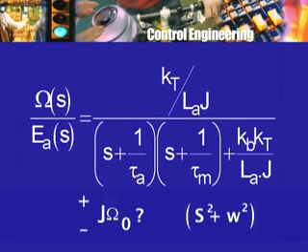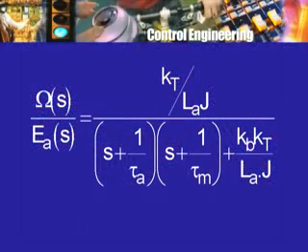Because if you expand out this term, the product of the two s containing terms, then the coefficient of s will be 1 by tau a plus 1 by tau m, and that is not going to become 0, because both are positive numbers. The reciprocal of the armature time constant and the reciprocal of the motor time constant, both are positive numbers. So when they add up, they are not going to add up to 0. So this quadratic will have an s term.